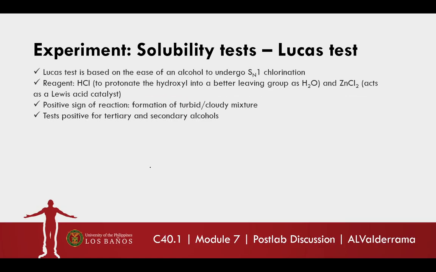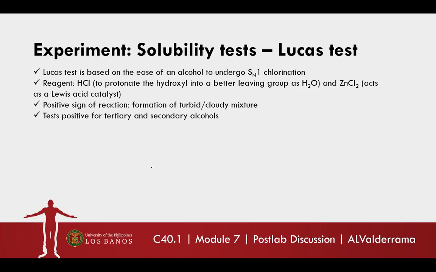Okay? So, in here, the reagent used is HCl. And the purpose of HCl is to protonate the hydroxyl group to become a better leaving group as water. And the zinc chloride here is acting as a Lewis acid catalyst. And the positive sign is the formation of turbidity of the solution or mixture, meaning nagiging cloudy yung ating appearance.